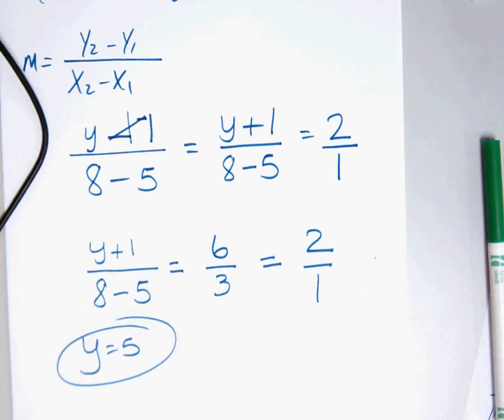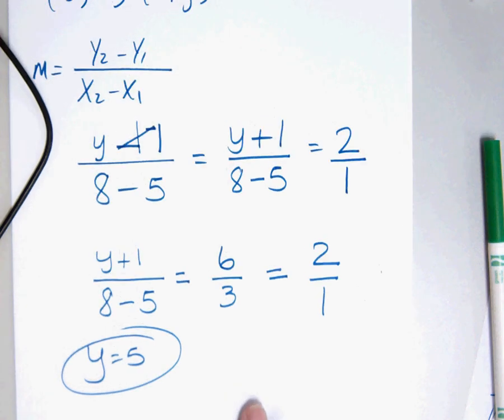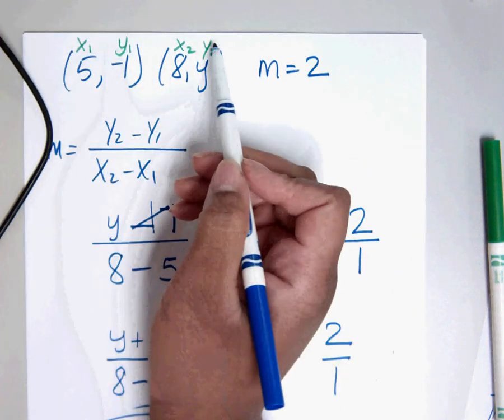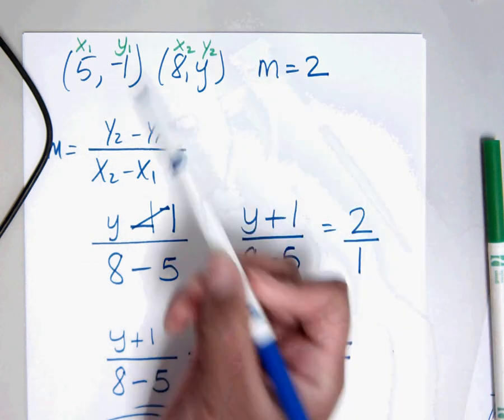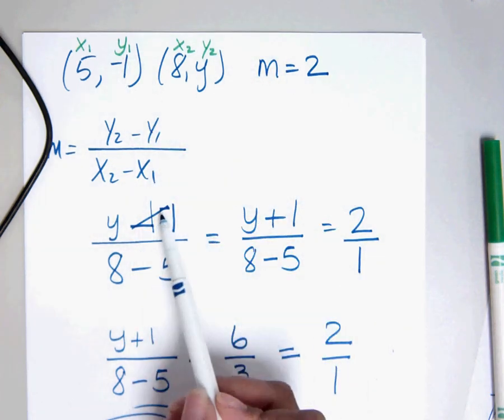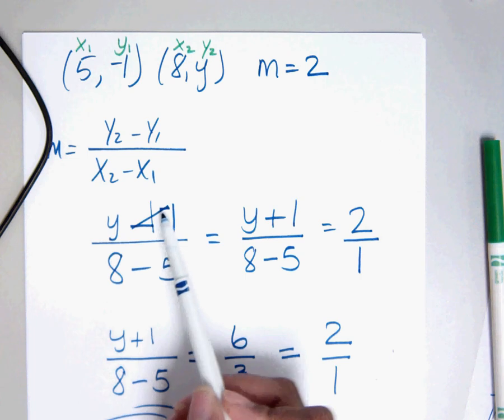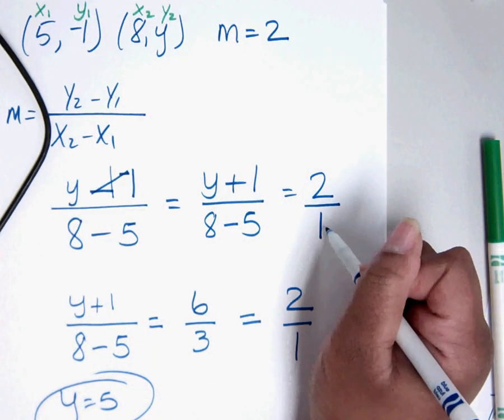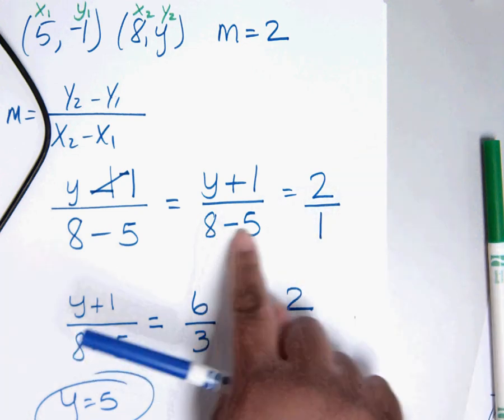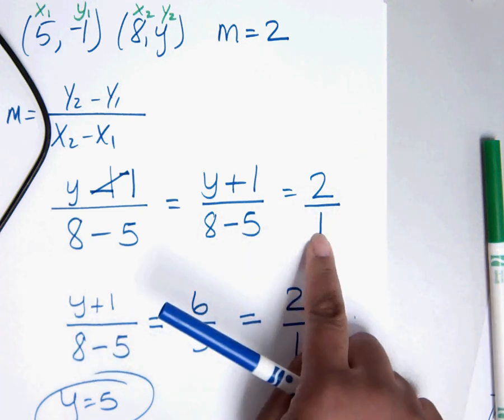That was confusing, right? Let's go back over it. We labeled, we put our slope formula. We had to make sure we put the negative. We went ahead and changed that to Y plus 1, and then we put 2 over 1. But then we noticed 8 minus 5 is not 1, so how do you do this?